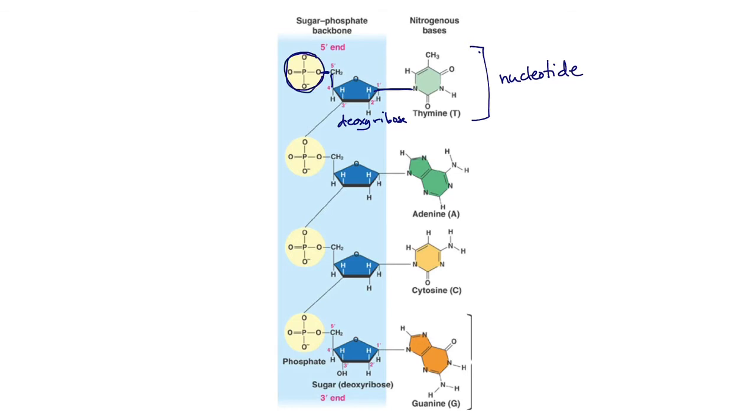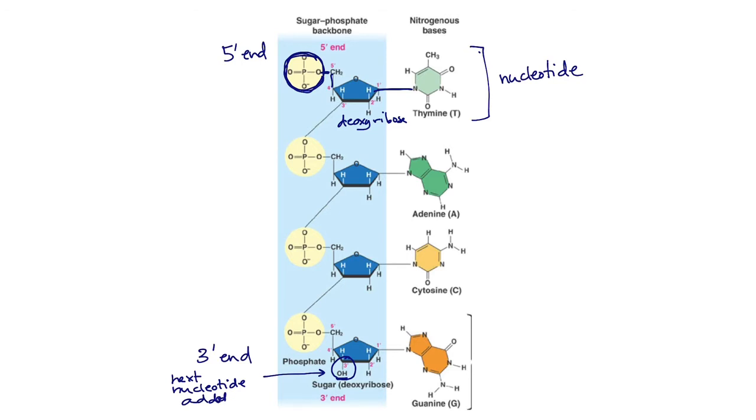So that's why this is referred to as the 5' end, because we've got the 5' carbon attached to the phosphate group that's exposed on this end. And then on the opposite end of the molecule, we've got the 3' end. The 3' carbon, in this case, is attached to an OH group, and this OH group is where the next nucleotide will be added.